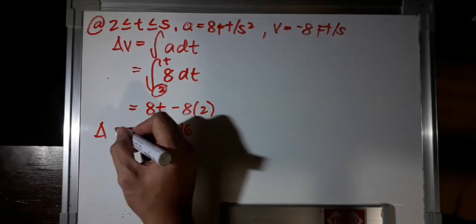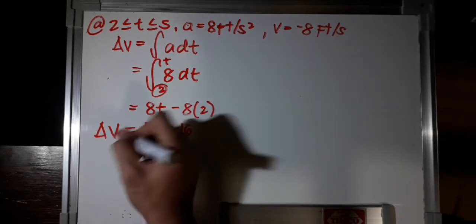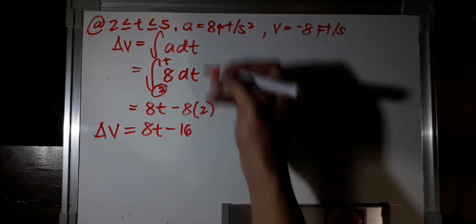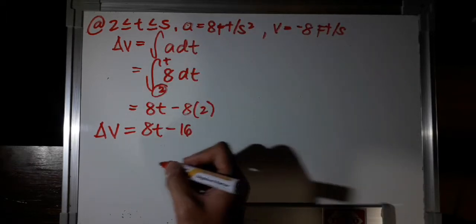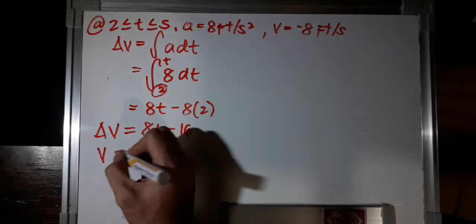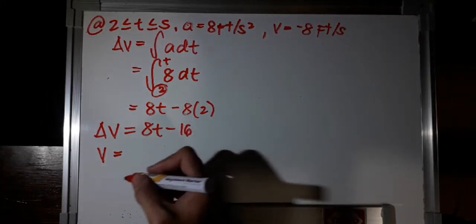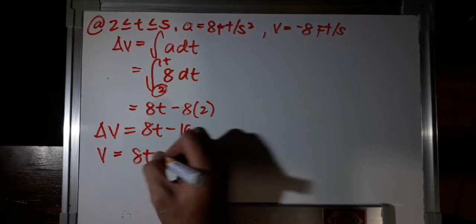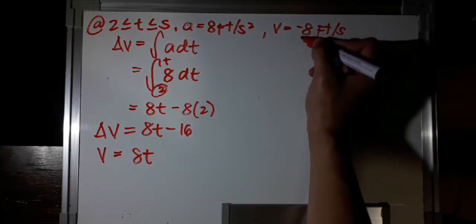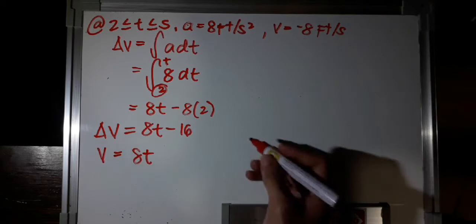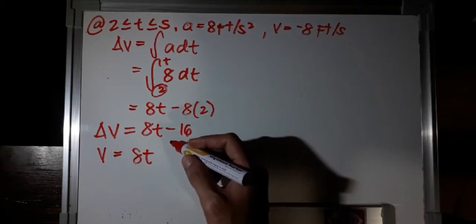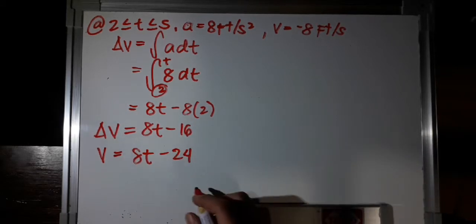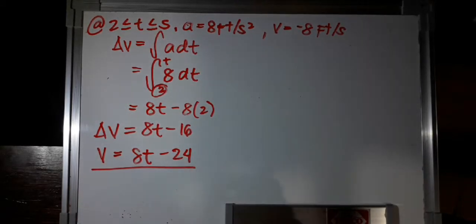This is the value for the change in velocity for this problem. In order for us to get the velocity, again, we just add the change in velocity, which is 8t minus 16, to the initial velocity that we have, which is negative 8. So negative 8 minus 16, we have negative 24. So this is what we are going to use in this problem.